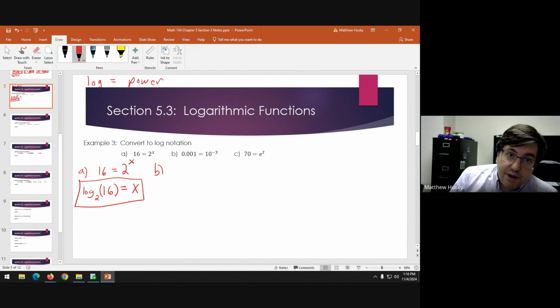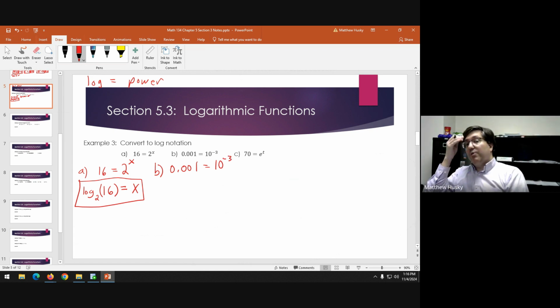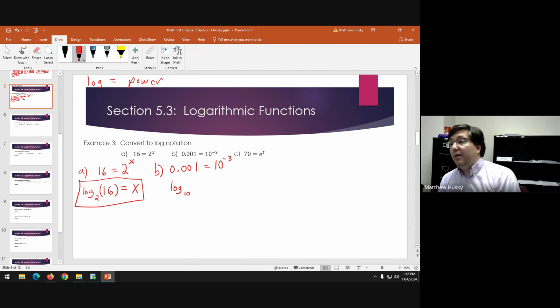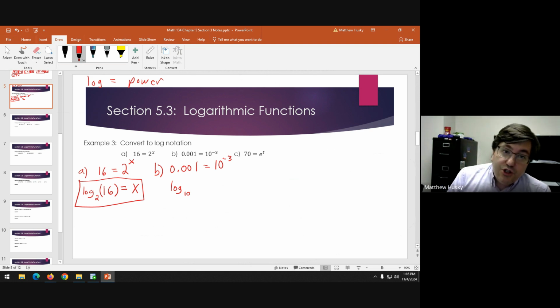For part B, we have 0.001 is equal to 10 to the negative 3. If we were to rewrite that, you would write that as log of base 10, because the base of the power is 10. What you put inside the logarithm is what the power equals.